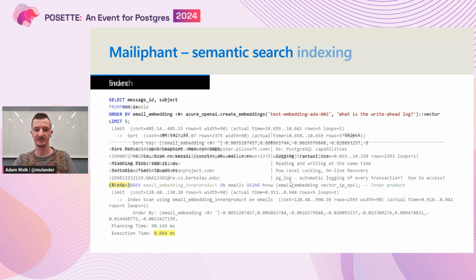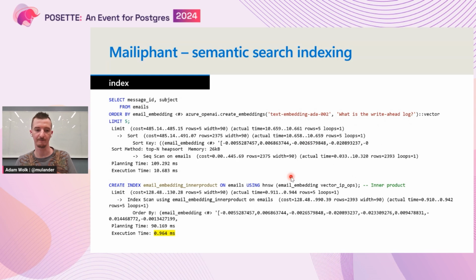And here we can see that the model was able to make the connection. And of course, semantic search takes time. So what we can do here is create an index, like we said, in this case, HNSW for inner product. And we can see the time of the above query going from 10 milliseconds to sub 1 millisecond.